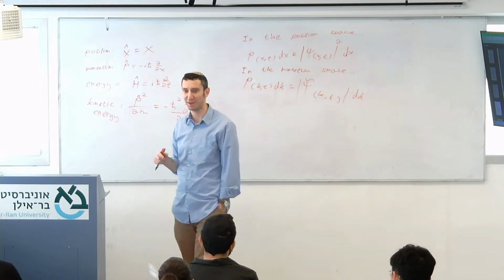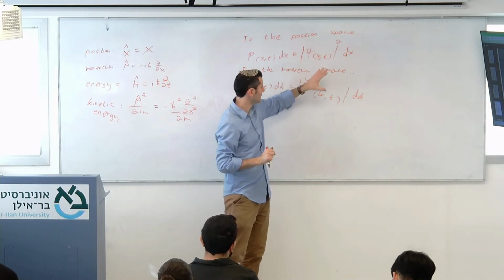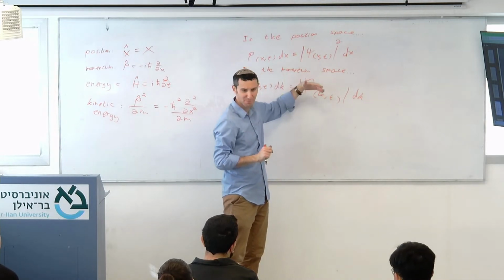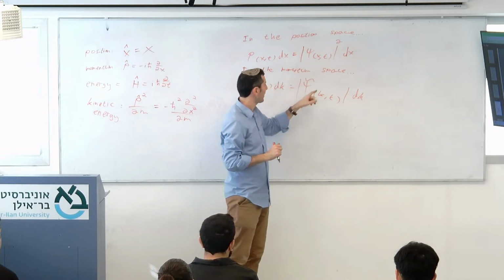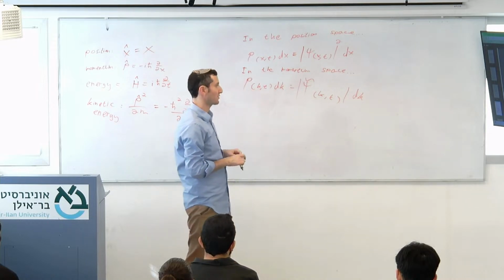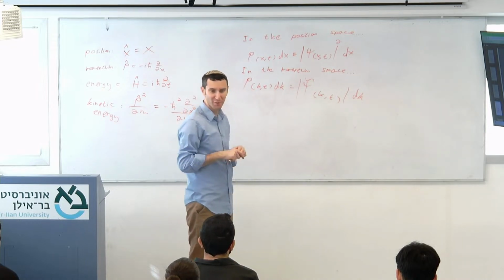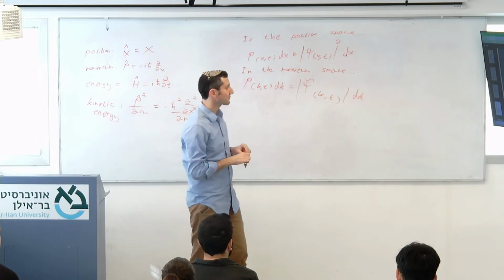Because it reminds me that this is in the position space, and this is in the momentum space, and this would be simply the Fourier transform. They'll be the Fourier transform of each other, just like you saw in other courses before. Have you all seen such things? Okay.